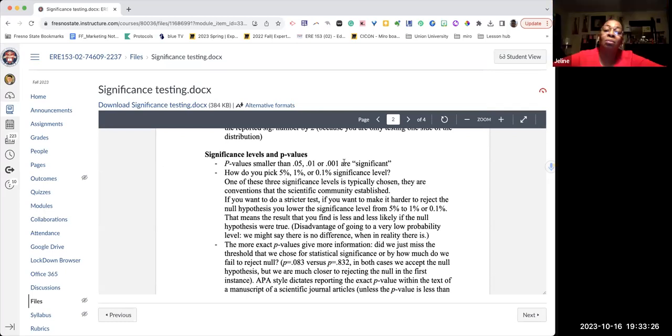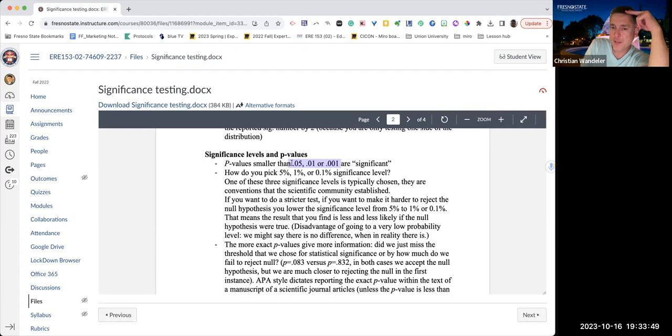Then it's lower than 0.001, lower than 0.01, and lower than 0.05, so the conclusion is the same. Also when it's 0.06, all of them are the same: not significant.